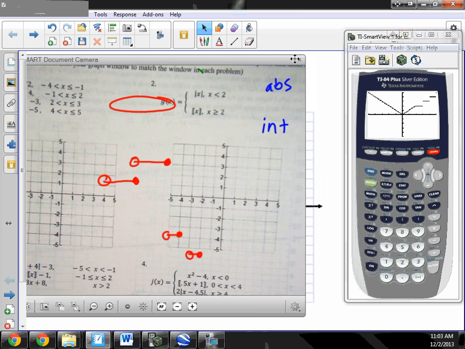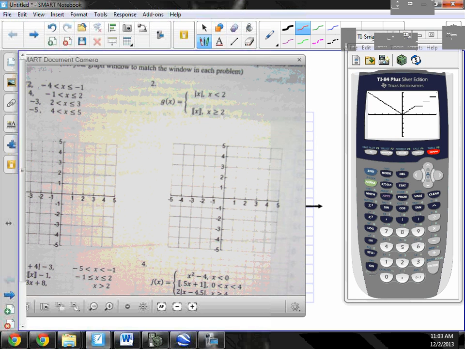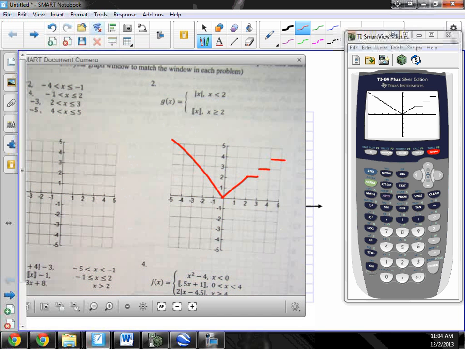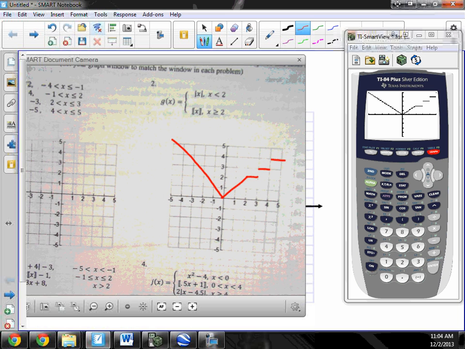So that equation looks like this. Do I need to worry about open and closed on this one? No, how come? Look at the graph. How come I don't need to worry about open and closed?